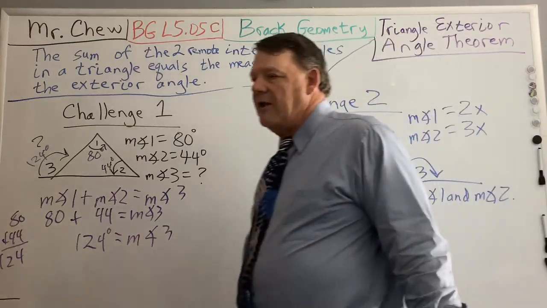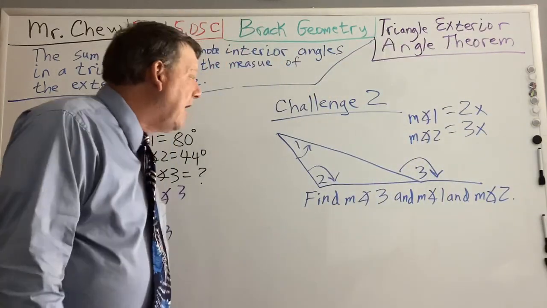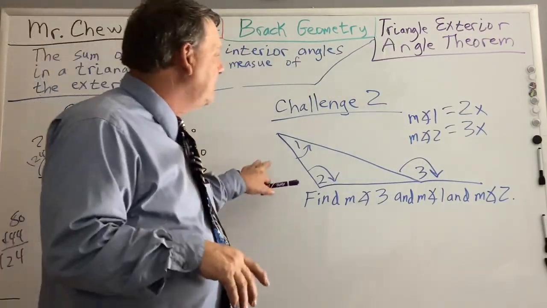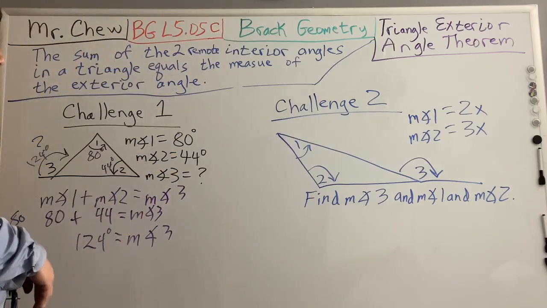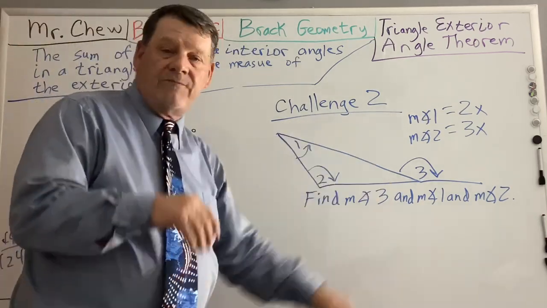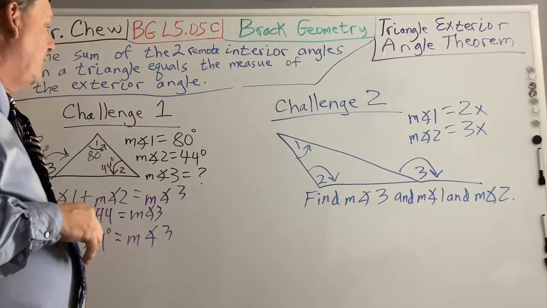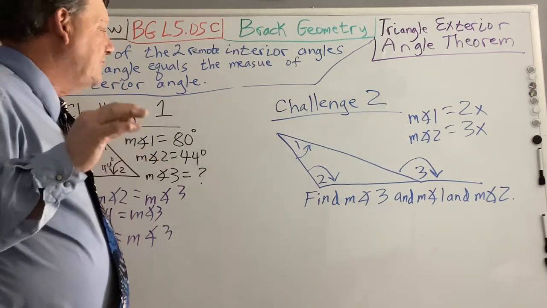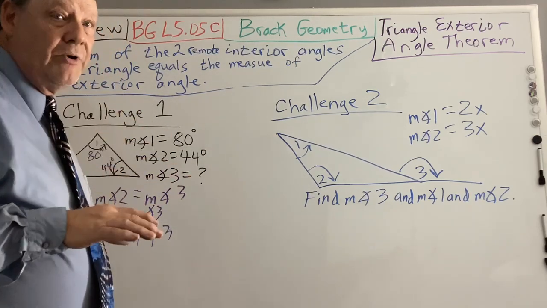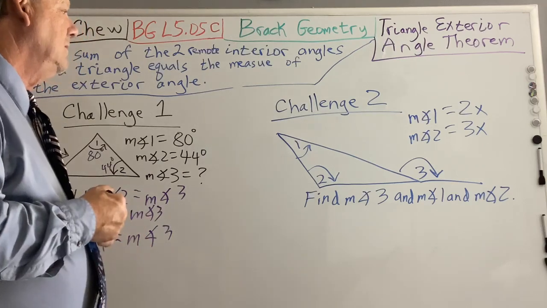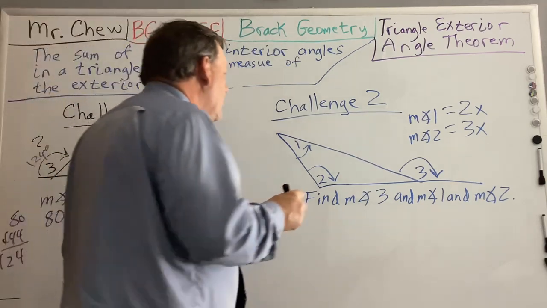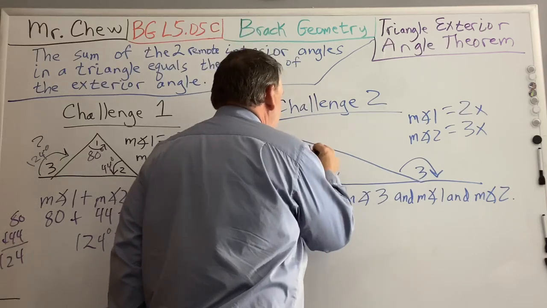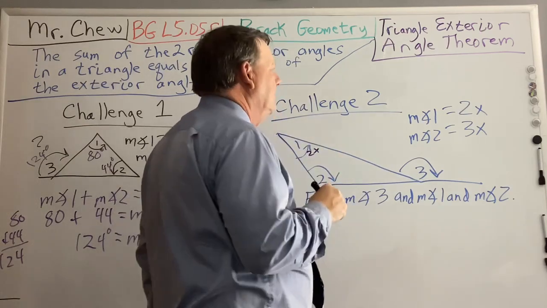Now this is the challenging one. If you have not tried this yet, pause it now and see if you can use what we did right here to substitute these values in and find the answer. Now in this case, there's a lot more algebra in it. So, we know that this angle is 2x.